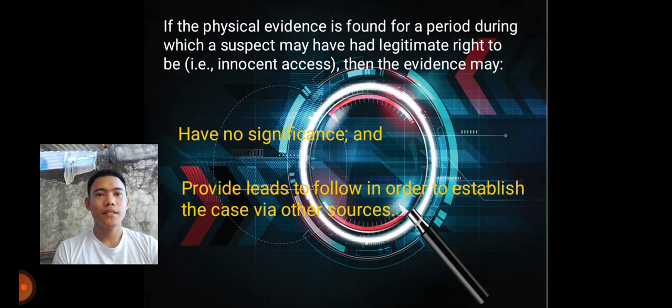If the physical evidence is found in a place where the suspect may have a legitimate right to be, with innocent access, then the evidence may have no significance and only provide leads to follow in order to establish the case via other sources.